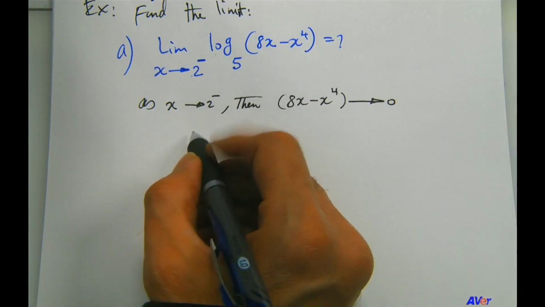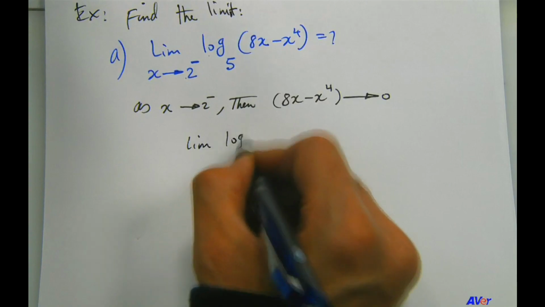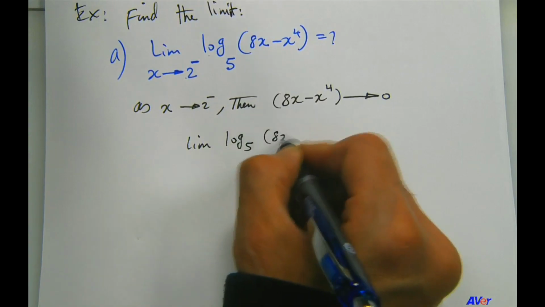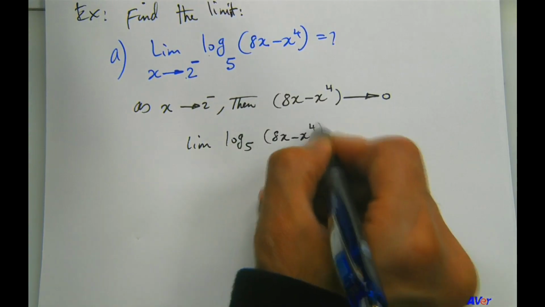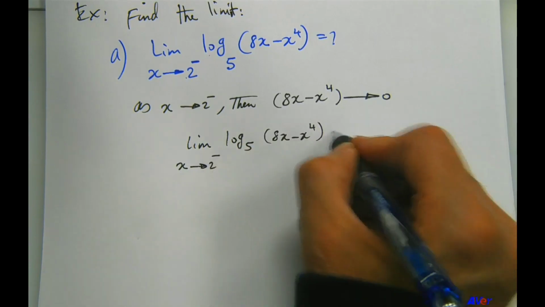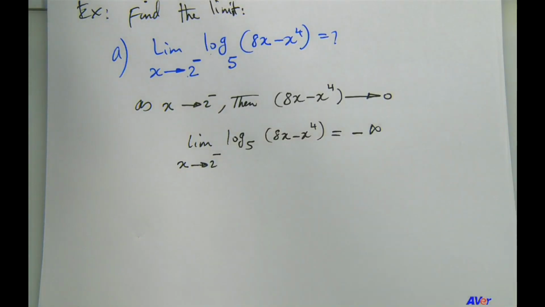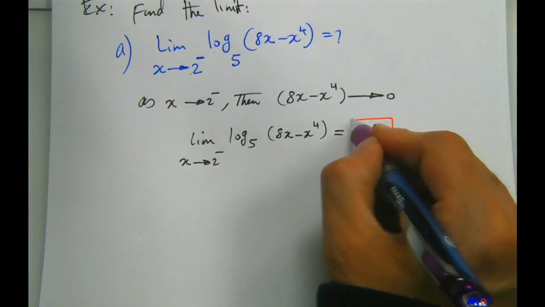Therefore, we can say the limit of log to base 5 of 8x minus x to the 4 as x approaches 2 from the left is equal to minus infinity. Okay, minus infinity.